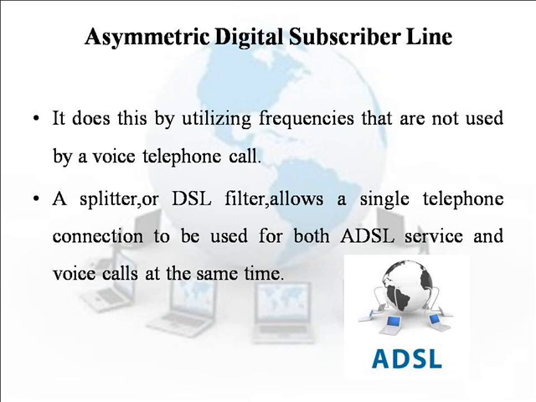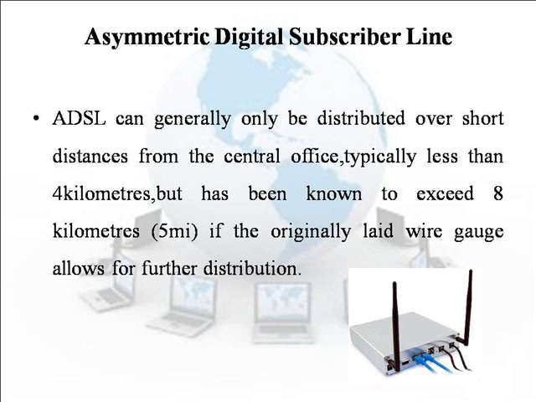A splitter or DSL filter allows a single telephone connection to be used for both ADSL service and voice calls at the same time. ADSL can generally only be distributed over short distance from the central office, typically less than 4 km, but has been known to exceed 8 km if the originally laid wire gauge allows for further distribution.